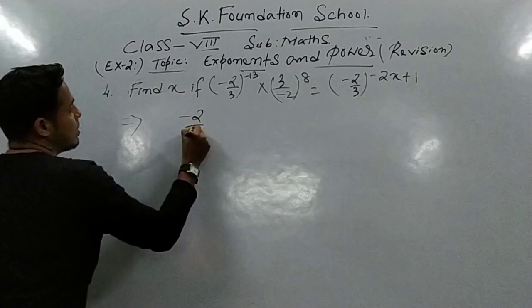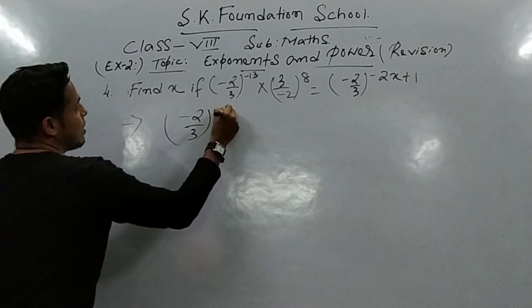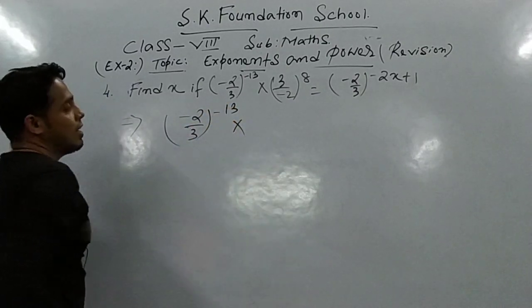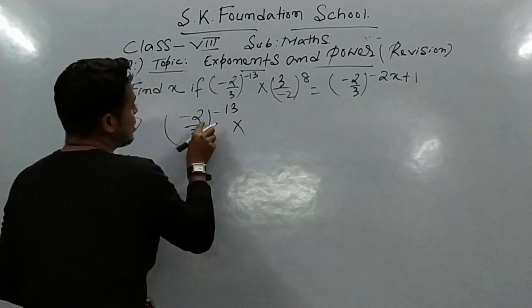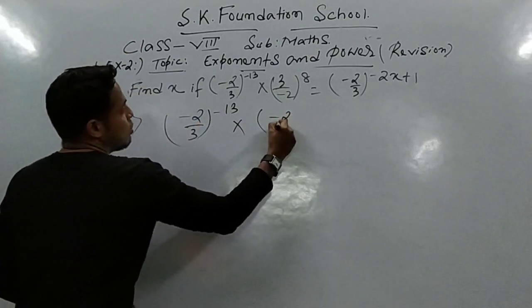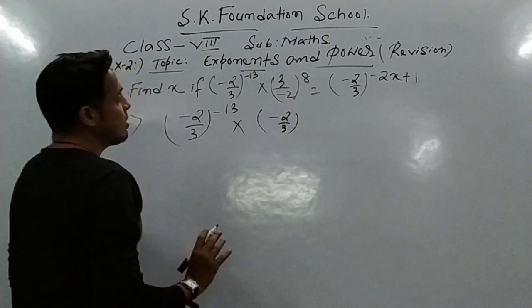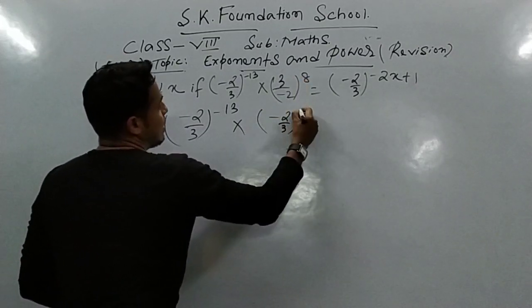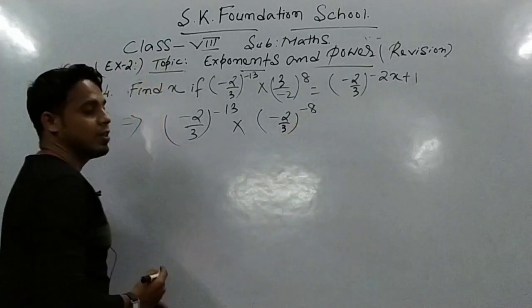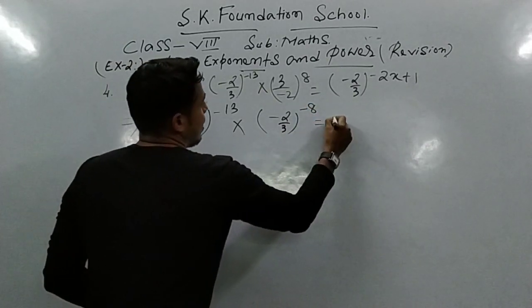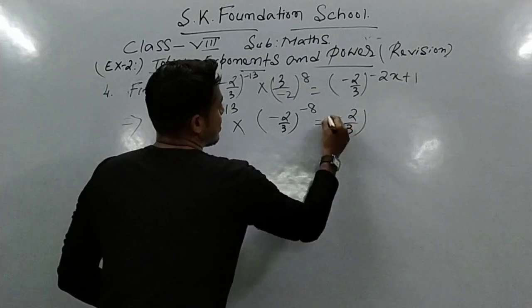Suppose minus 2 by 3 as it is, this one minus 13. Okay, and if we represent this one in this form like minus 2 by 3, so on that condition this power 8 is represented as minus 8. Okay, and this one as it is fixed.